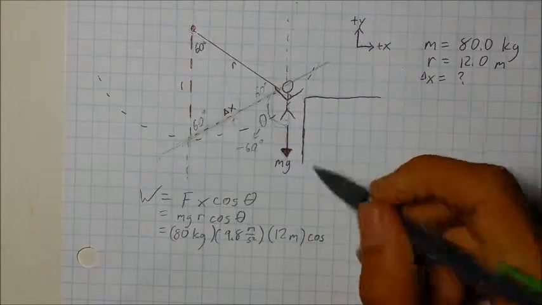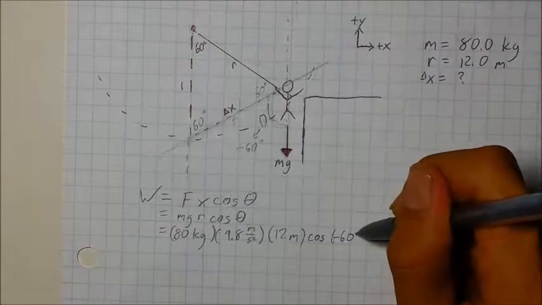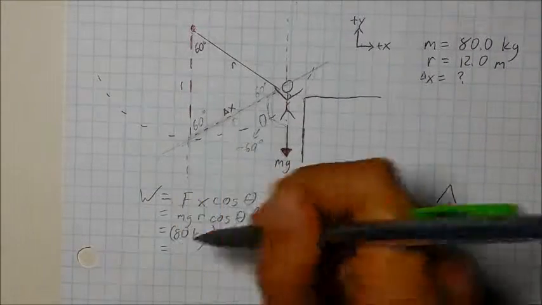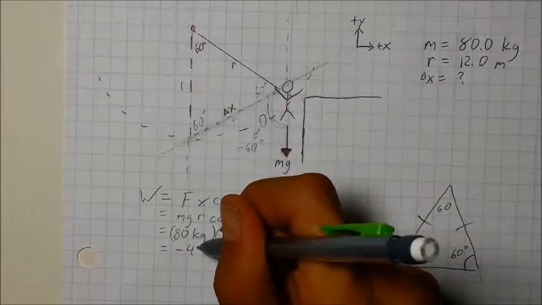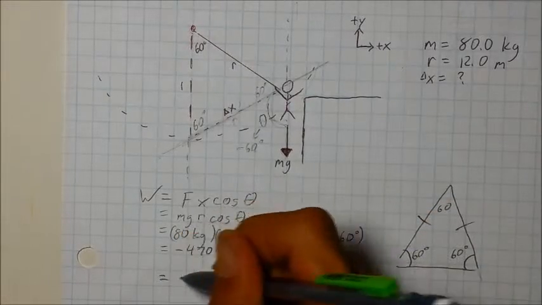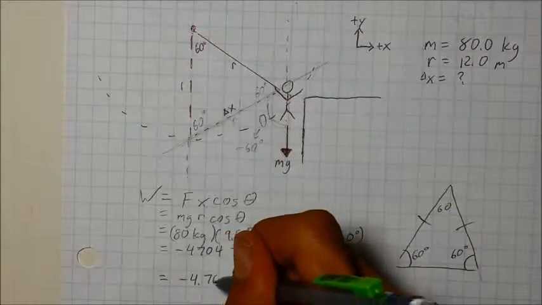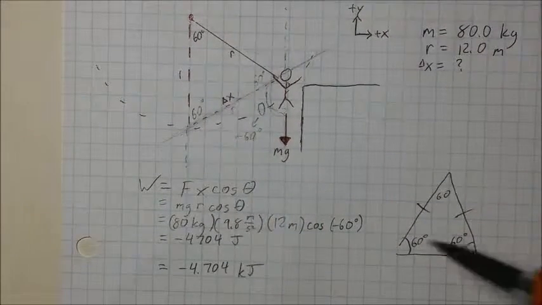And cosine theta is cosine of negative 60 degrees. Put that all into your calculator and you get negative 4,704 joules, which is equal to negative 4.704 kilojoules. And that would be your answer.